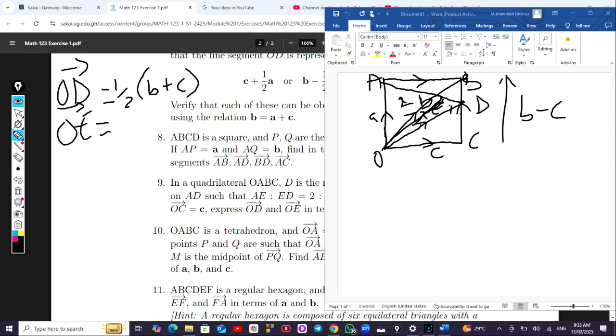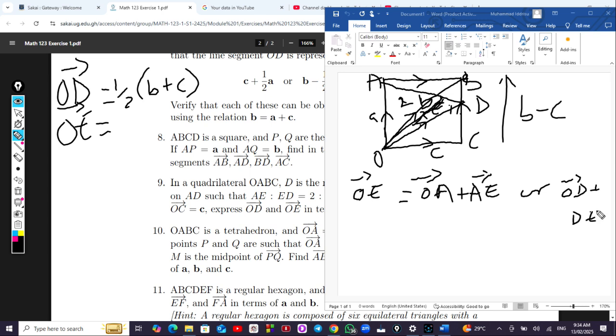Okay, so OE will be equal to, using the triangular law of vectors, OE is equal to OA plus AE, or OD plus DE.